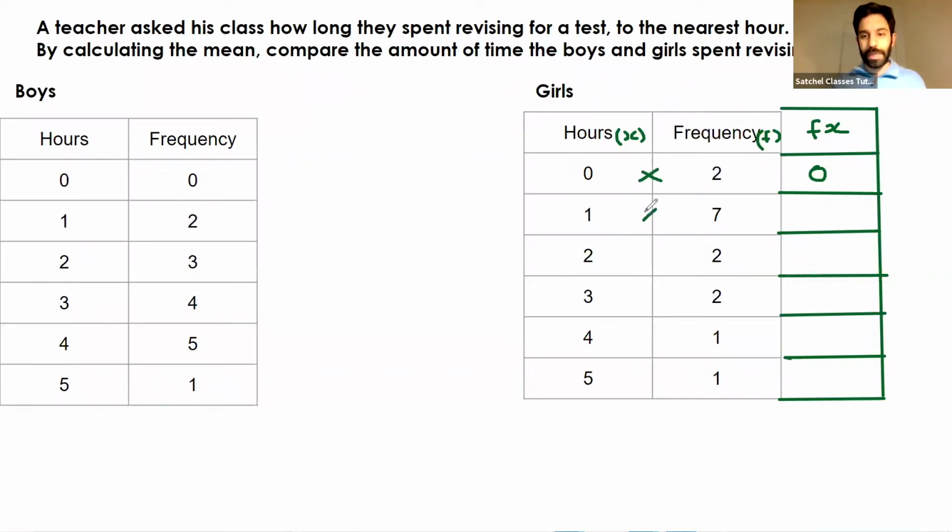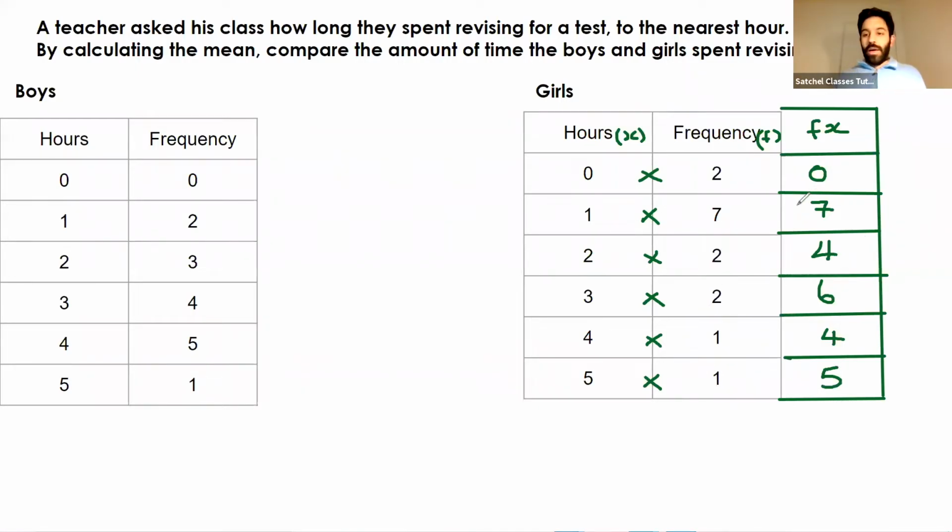So that's going to be 7 lots of 1, or 7 times 1, which is simply going to be 7 hours. 2 students spent 2 hours revising, so that's a total of 4 hours. 2 students spent 3 hours revising, so that's a total of 6 hours. 1 student spent 4 hours revising, that's a total of 4 hours. And 1 student spent 5 hours revising, so that's a total of 5 hours.